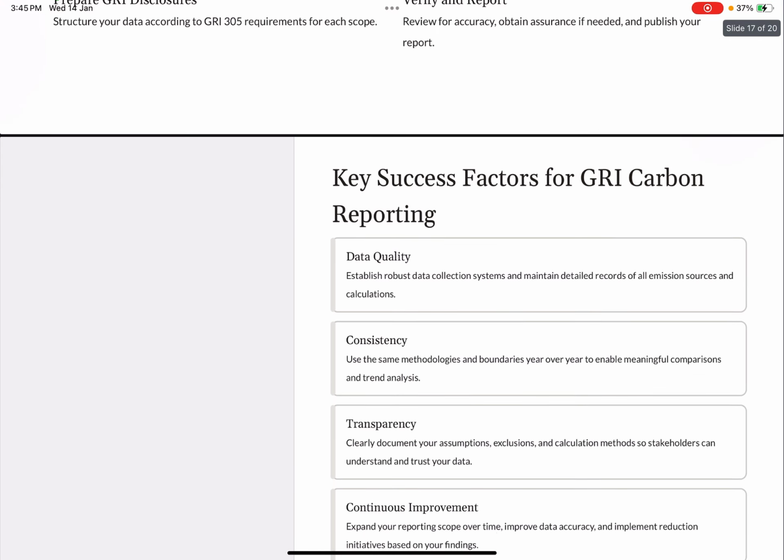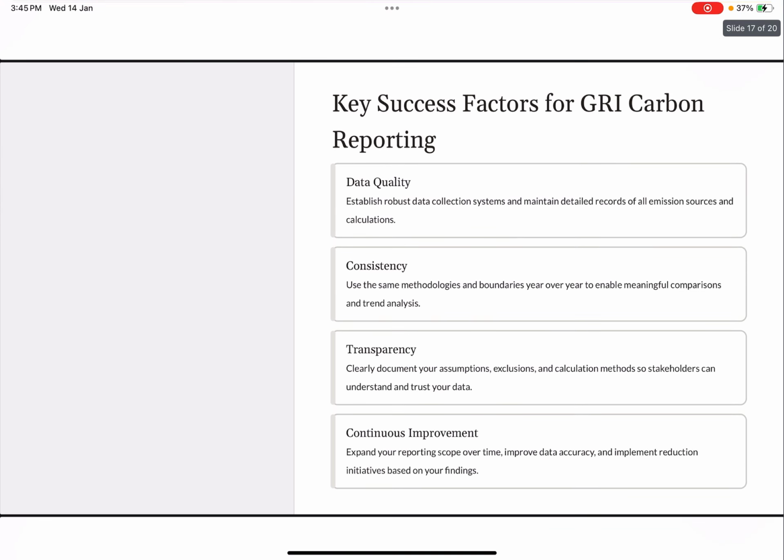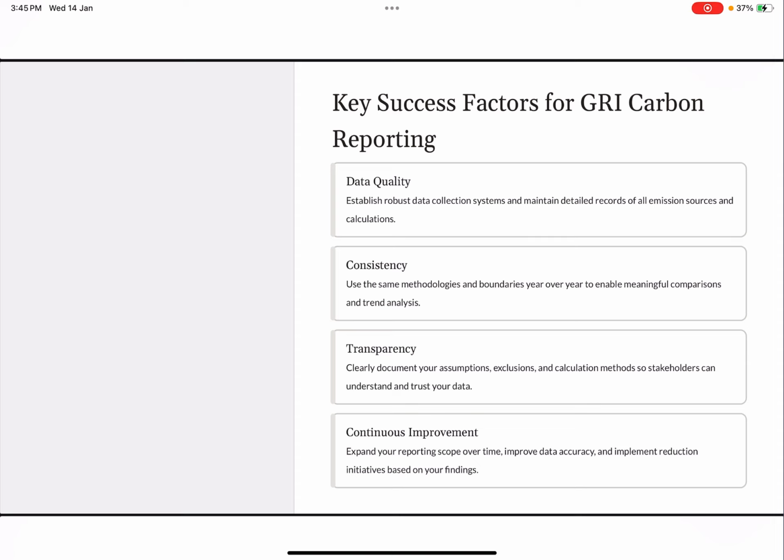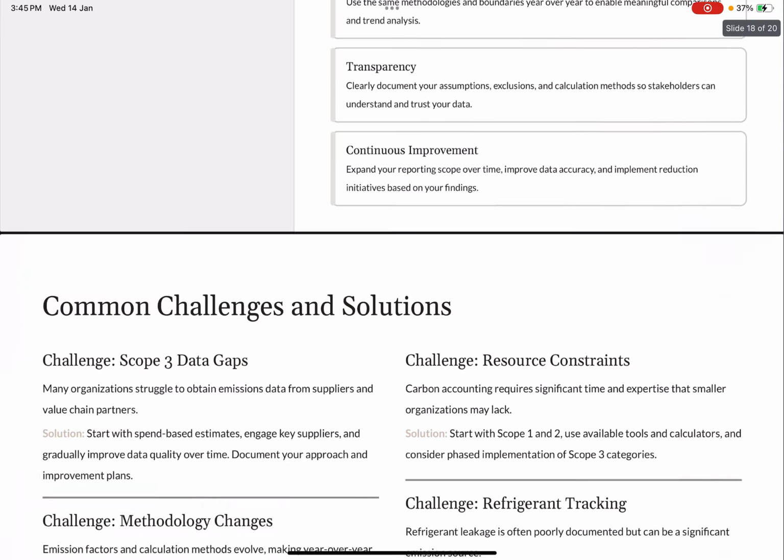The key factors to keep in mind while reporting GRI carbon are data quality, consistency, transparency, and also the improvements one plans. All these four things are critical in your report of GRI carbon accounting.